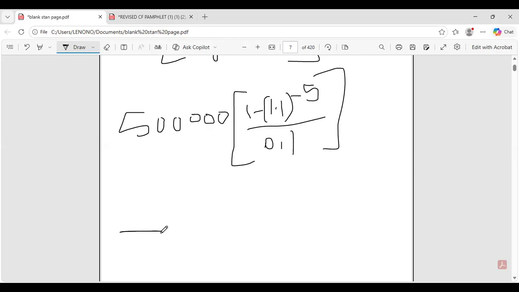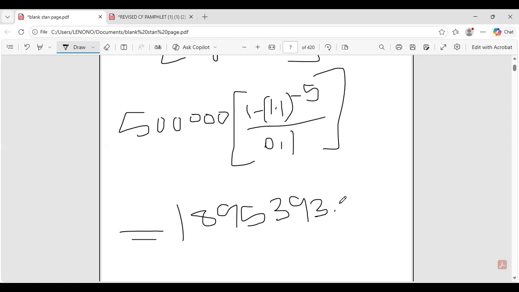How much are we getting now? We're getting 1,895,393.39.